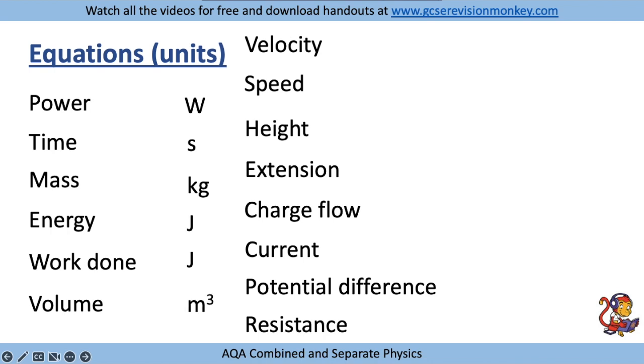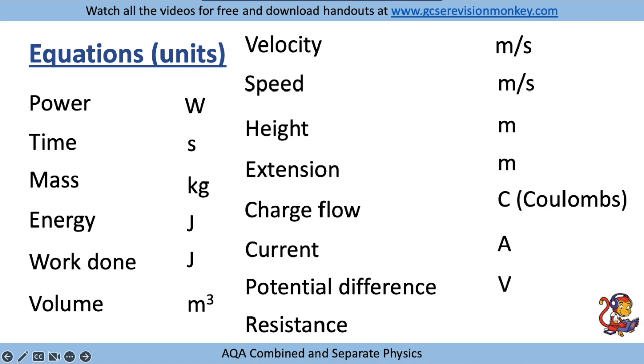Volume in meters cubed, velocity and speed both in meters per second, height and extension, as they're both measures of distances, they are meters. Charge flow is coulombs, current is amps, potential difference is volts, and resistance is ohms.